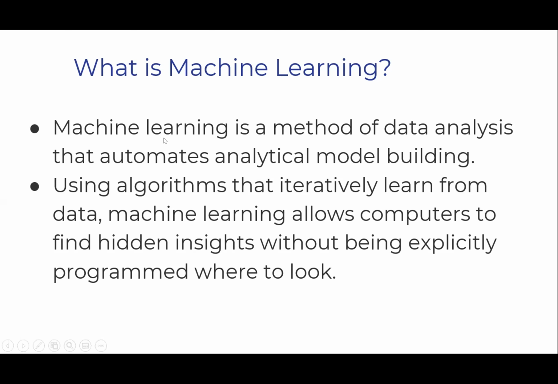So similarly, when we apply the same concept for a machine, for a system, or for a computer program or a software, we are not explicitly writing every line of code, we are not writing an if else or a for loop for each and every condition that may happen, right? But we are allowing the system or the software to learn from the previous examples by itself, figure out patterns.